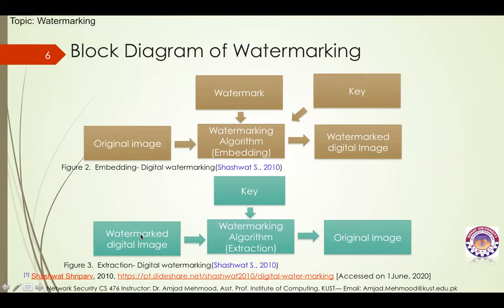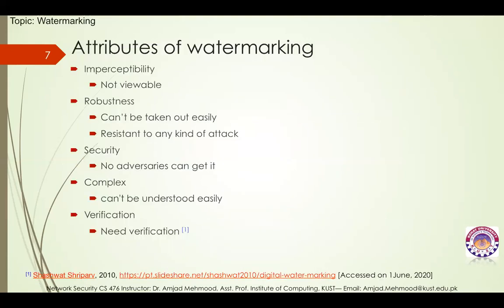In the process of extraction, this watermarked digital image is fed to the extraction process, and it has the key already, so it will get the original image back. Embedding is performed at the sender side, and extraction is performed at the receiver side.